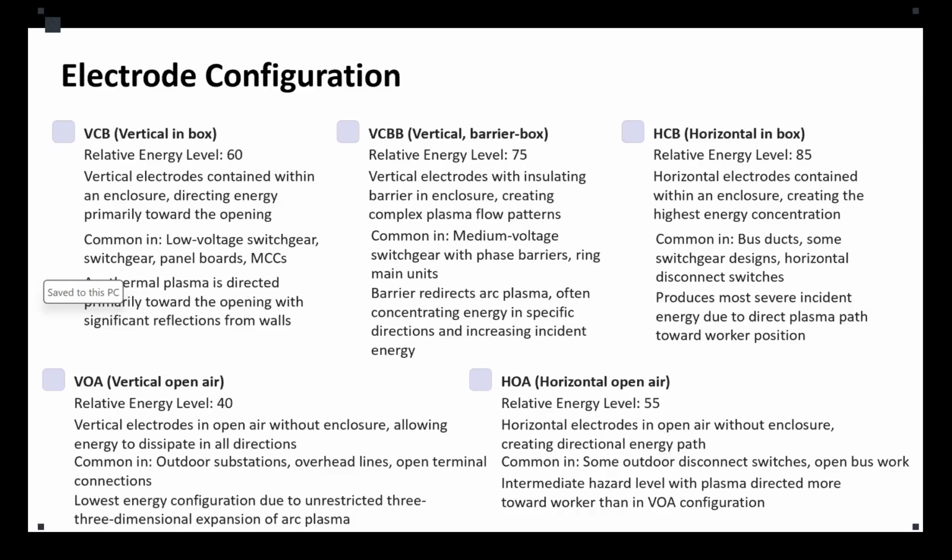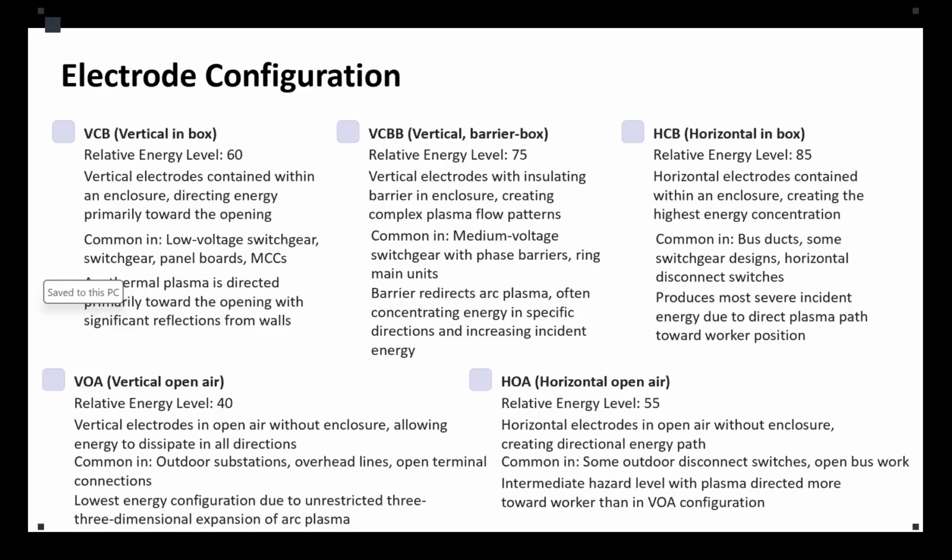It's normally common in overhead transmission systems, outdoor substations, or open terminal disconnects. The lack of enclosure walls means minimal energy reflection, and so the radiant energy dissipates quickly. Now, workers at ground level typically experience lower incident energy, but the arc flash pressure and line of sight risk still remain the same.